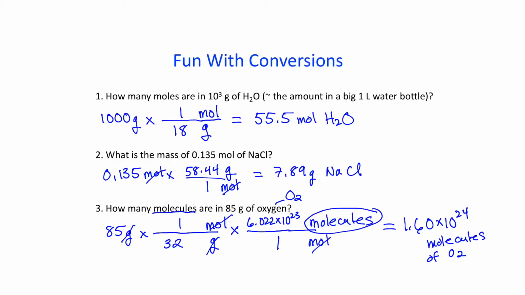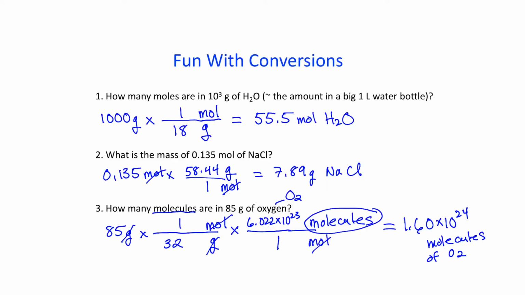Now again, last step, does my answer make sense? Does it make sense that we have a ginormous number of molecules in 85 grams of oxygen? 85 grams, you could hold that and you would feel that mass. It would feel pretty heavy, so it makes sense that there's a lot of molecules in there. Now, if you had by accident inverted this ratio, you would have ended up with a really tiny number in your exponent.